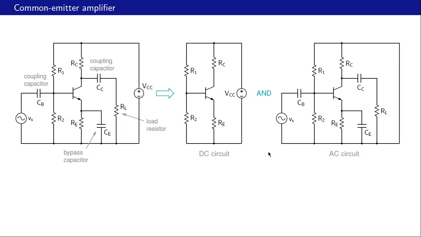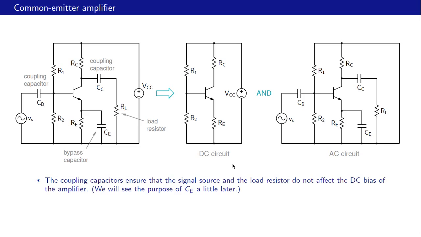But what we see already is that this DC circuit is identical to the one that we considered when we talked about biasing. So the coupling capacitors ensure that the signal source and load resistor do not affect the DC bias of the amplifier, and it's a very, very big advantage because we don't need to worry about what we're going to have as a load resistance or what source voltage is going to drive this amplifier when we design the biasing components.